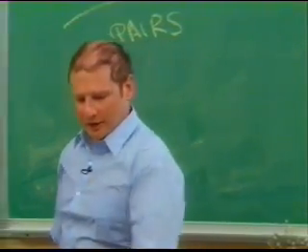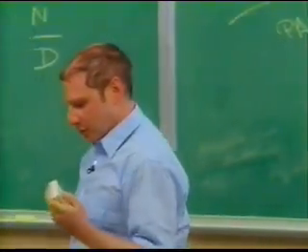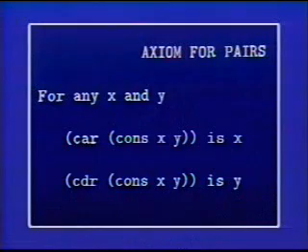If you go back and look at this slide, all I really told you about pairs is that there happen to be these properties of cons, car, and cdr. All I really said is that there's a thing called cons, a thing called car, and a thing called cdr. And if I build cons of x, y and take car of it, I get x.